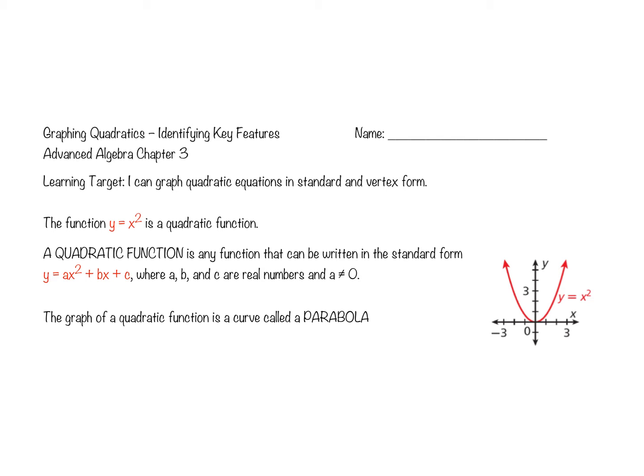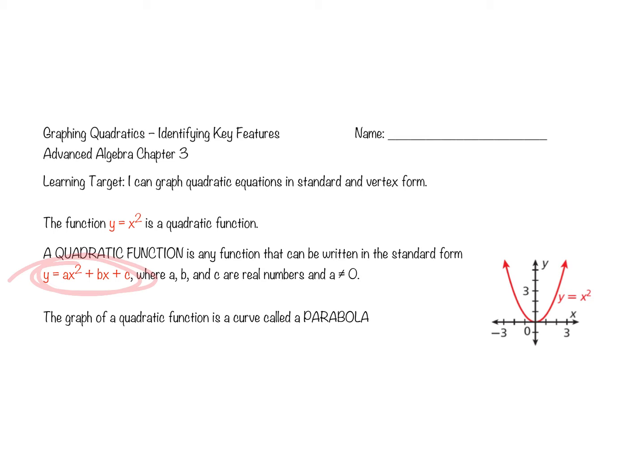So y equals x squared is a quadratic function. That's something we should be familiar with, especially from chapter 2 when we did transformations. A quadratic function is any function written in standard form. So this is standard form: y equals ax squared plus bx plus c, where a, b, and c are all real numbers.